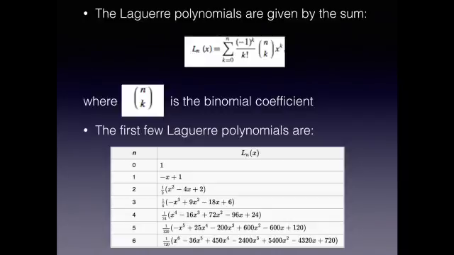Again, providing values of n here from 0 to 6 gives us the first 7 Laguerre polynomials, as shown below.